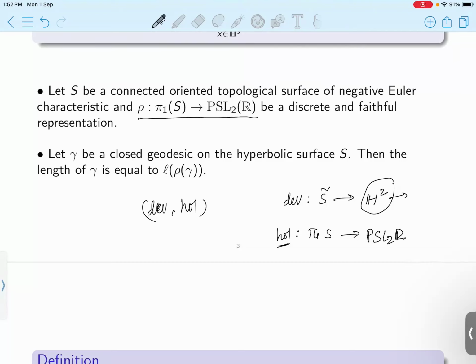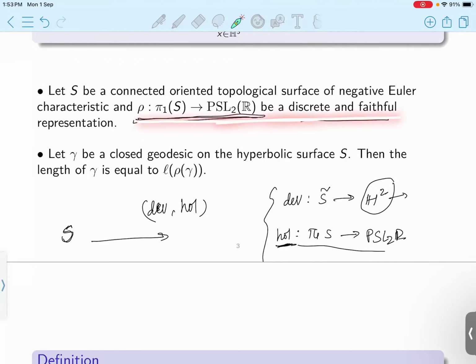So for a given hyperbolic structure, suppose we have a hyperbolic structure on the topological surface S. For that we get such a pair, developing map and holonomy map, and this holonomy map becomes this rho, on pi1 S. This gives you one side, right? So from the hyperbolic structure, you get such a representation, and it turns out to be discrete and faithful. Now, if you have a discrete and faithful representation, then what do you do?